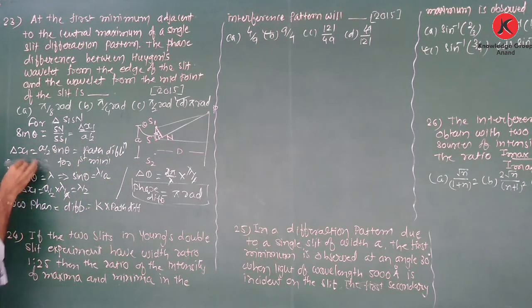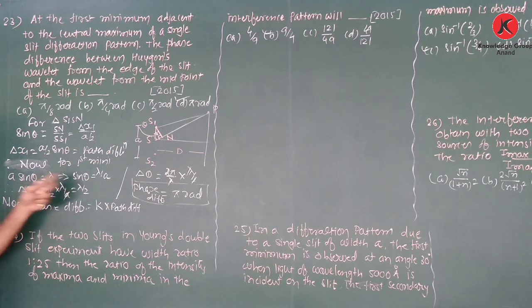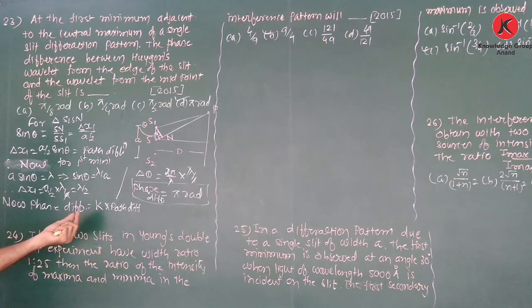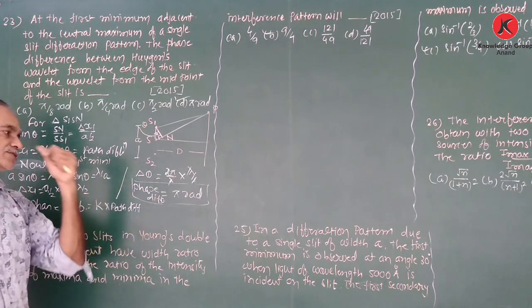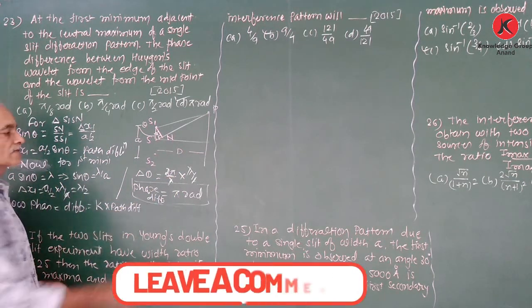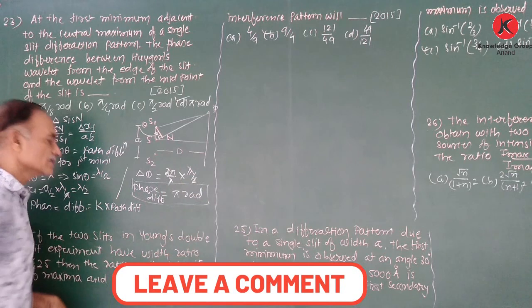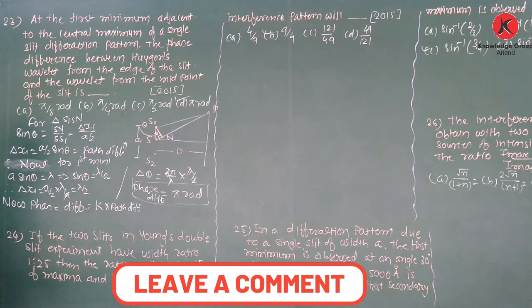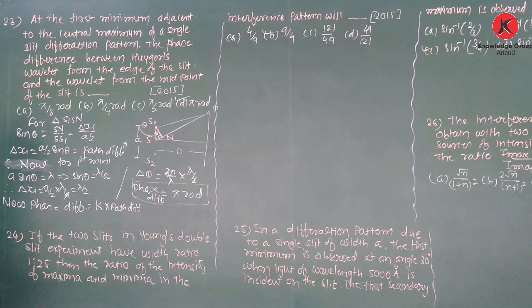Now for first minimum, the condition is a sin theta is equal to lambda, therefore sin theta is equal to lambda upon a. We substitute in path difference, therefore lambda by 2. Now the phase difference is equal to wave vector into path difference. Wave vector is 2 pi upon lambda, path difference is lambda by 2. So lambda by 2 is cancelled out, therefore pi radian is the phase difference.